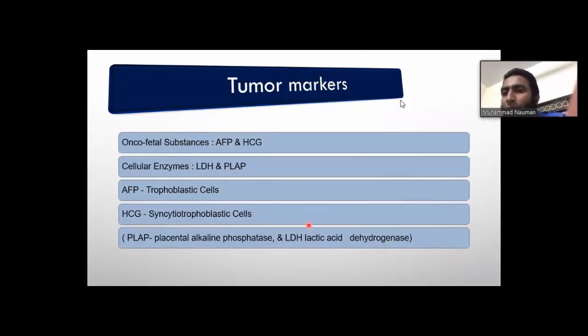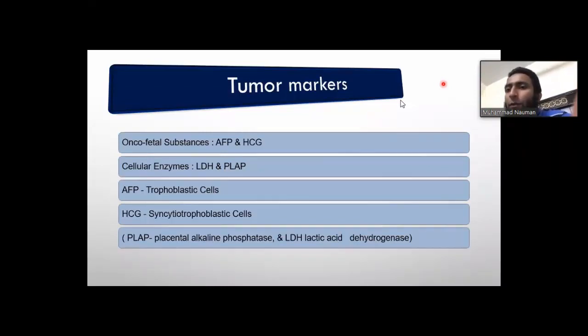Just the presence of AFP in the serum of a patient with this tumor, we can easily identify that this patient has a specific type of testicular tumor. If AFP is there, in only 5 to 10% of cases there is a chance that AFP can also be present in the non-testicular. But if AFP is positive, it is for sure a non-seminoma. Right. This is for sure.